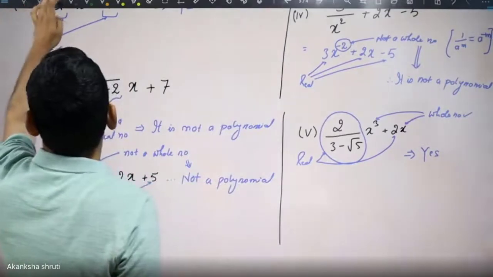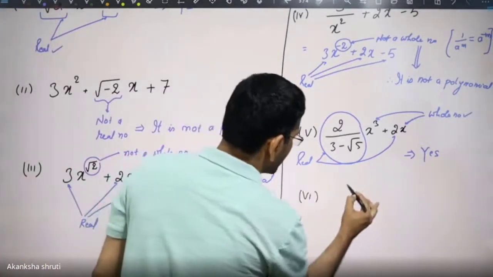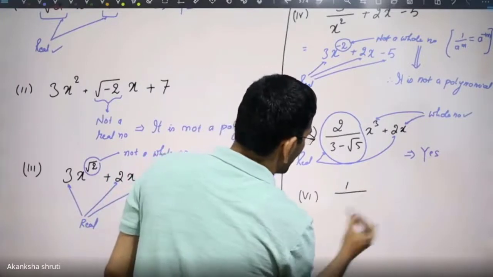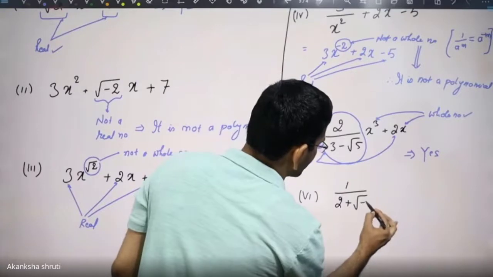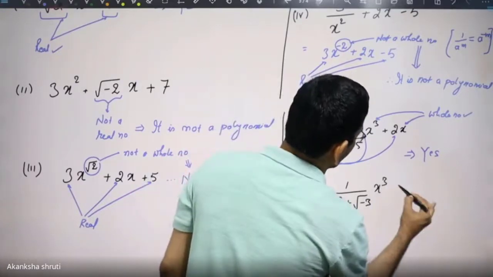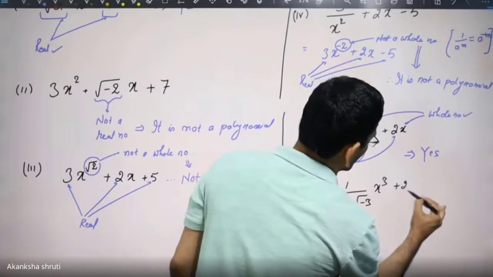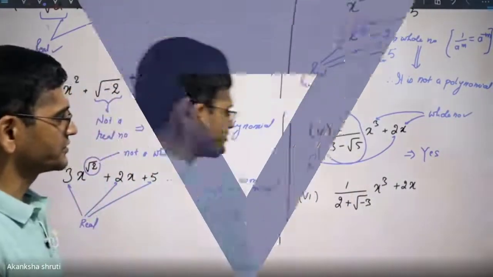Students, if I am taking the sixth one like this, 1 by 2 plus under root minus 3 x cube plus 2x, whether it is a polynomial or not.